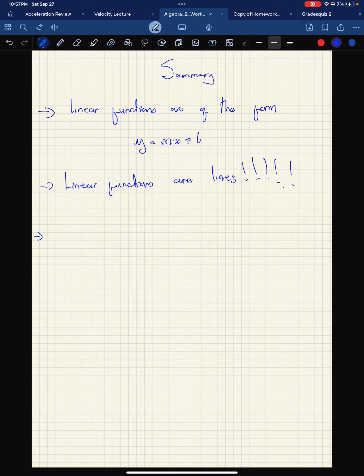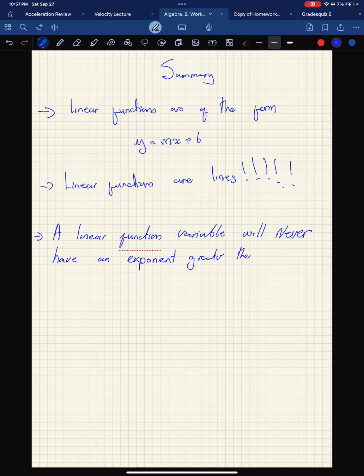A main reason it's easier is that a linear function variable will never have an exponent greater than 1.